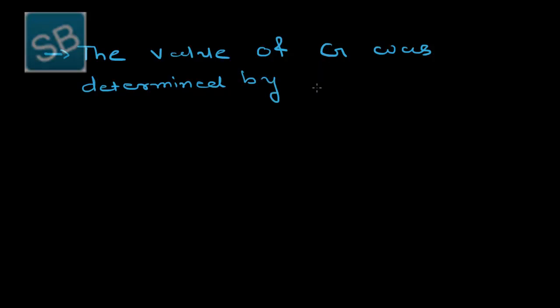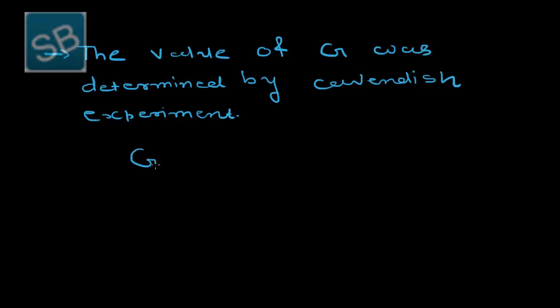Cavendish experiment, and the value of G comes out to be 6.67 into 10 to the power minus 11 Newton meter square per kilogram square.